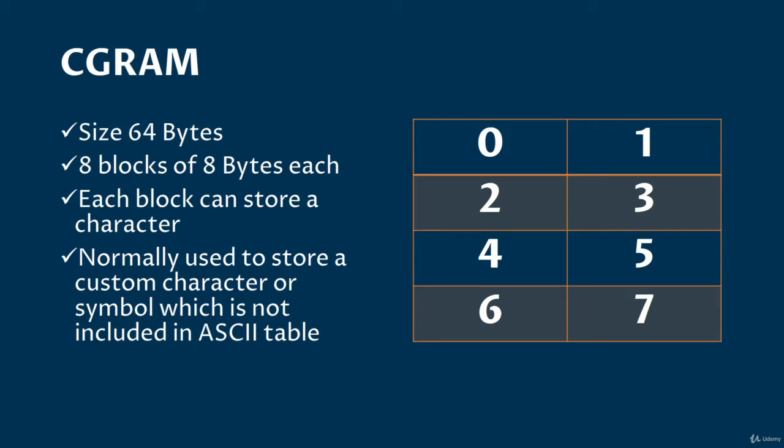The process is we first design the character on the basis of how it can get printed. Then we store the character in any block of the CGRAM. Then we copy the contents of the CGRAM to DDRAM, and then subsequently it gets displayed on the LCD. I'll show you the process in detail later in this lesson.